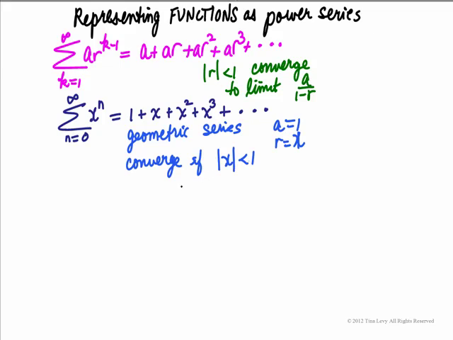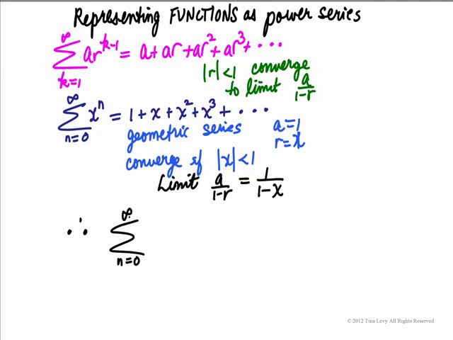That will tell us that the limit of this geometric series, if it converges with absolute value of x less than 1, is a over 1 minus r, which is 1 over 1 minus x. What we have just determined is that the series, as n goes from 0 to infinity, x to the n, which is the sum of these unit polynomial terms, converges to the function 1 over 1 minus x.